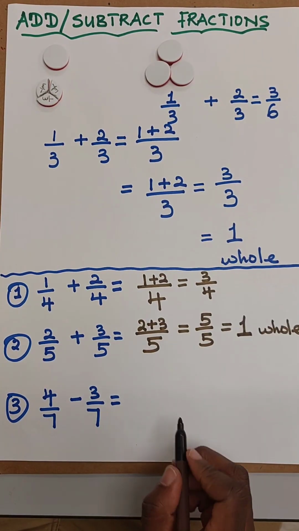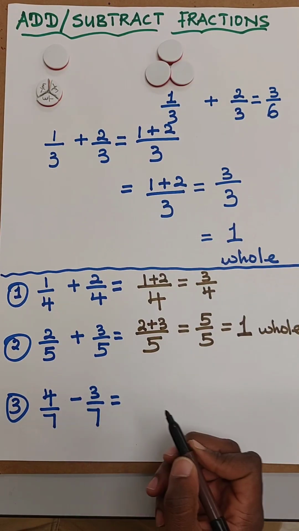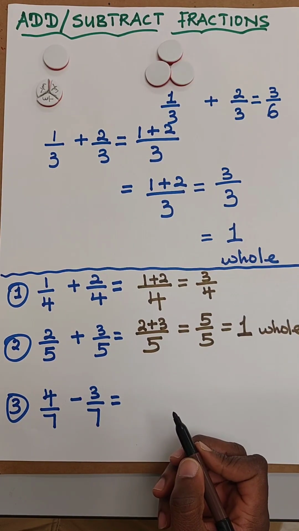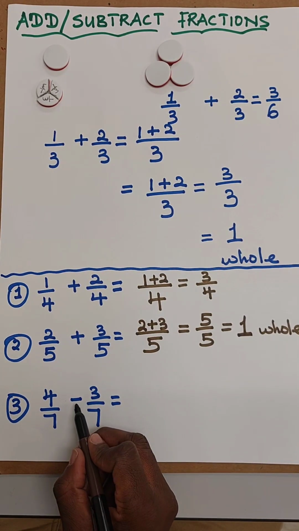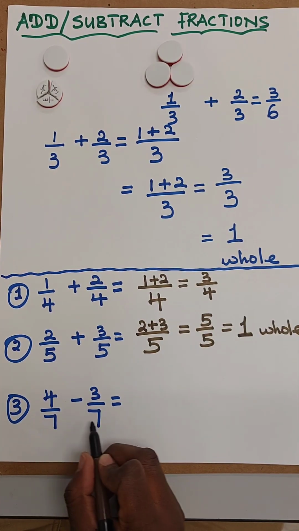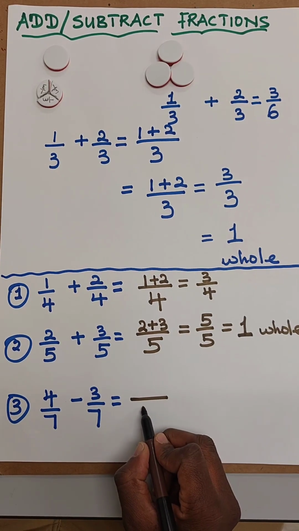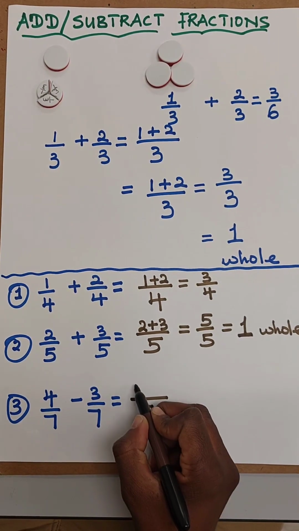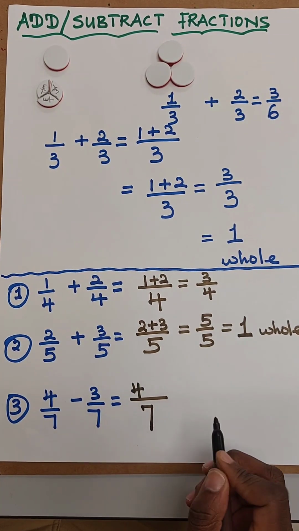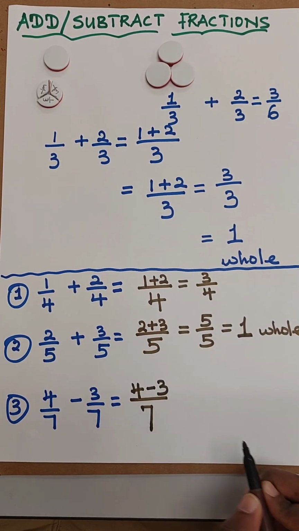Over here, we had 4 out of 7 of the pieces left, and we took 3 out of the 7. So the same group again, when we subtract, we want to make sure that it is the same group. We had 4 left, and out of the 4 that were left, we took 3.